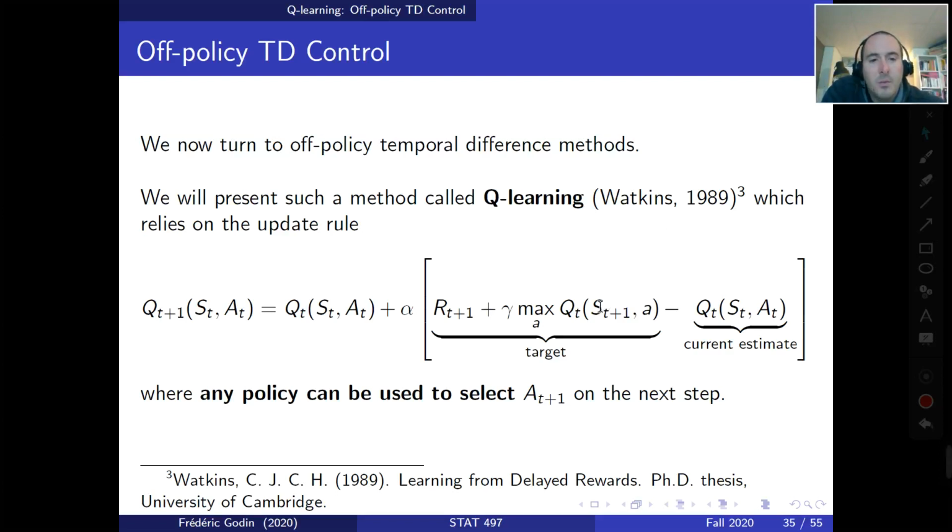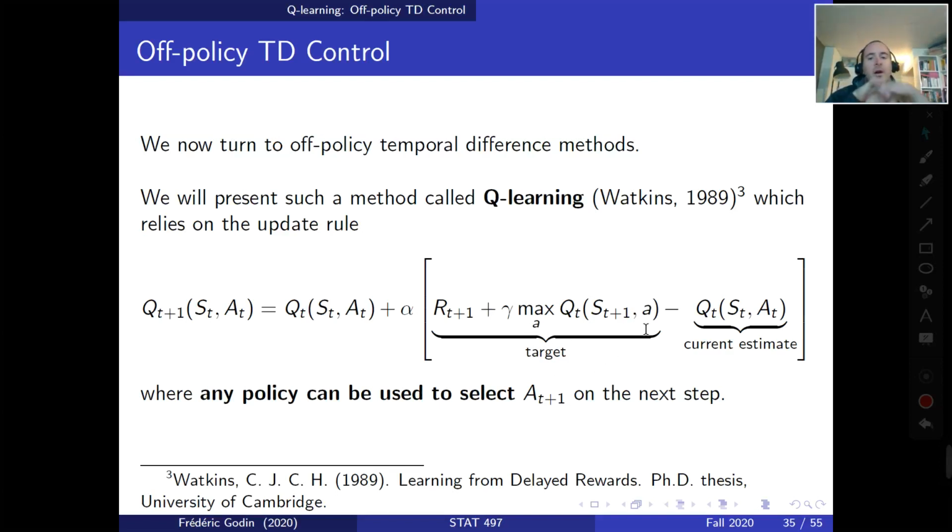Okay, so instead, what changes in the update rule is the target here. The target is still the reward plus the discount factor, but instead of trying to select the next action to update our action value function and to determine our target, we will do a maximization across all next actions.